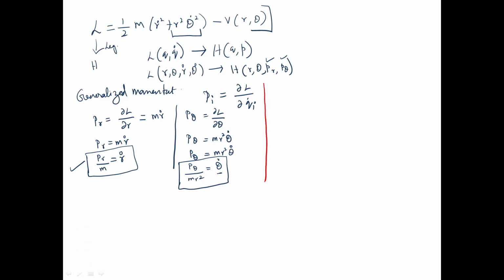So H equals sum of p i q i dot minus L. Here we have two terms, so p r r dot plus p theta theta dot minus L. It should be a function of r, theta, p r and p theta.